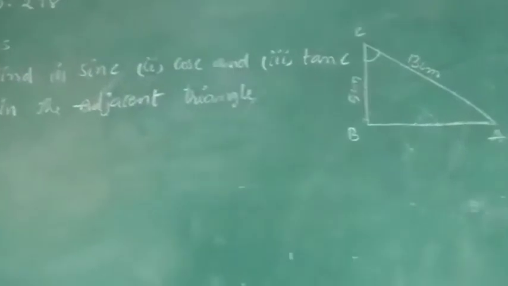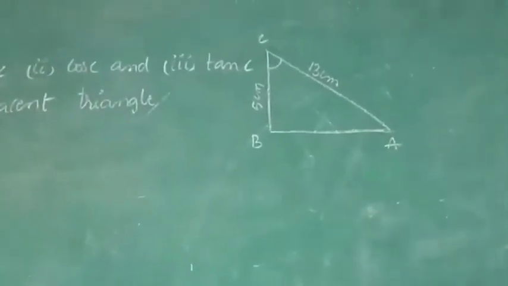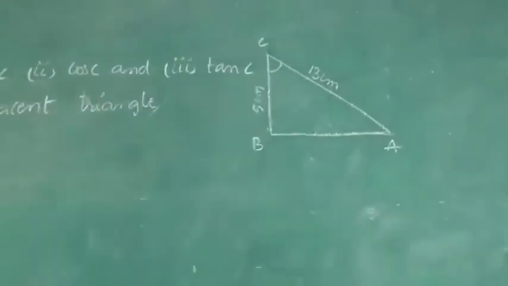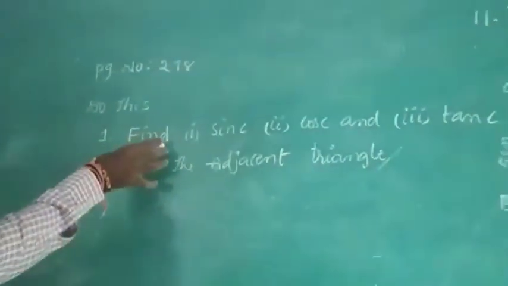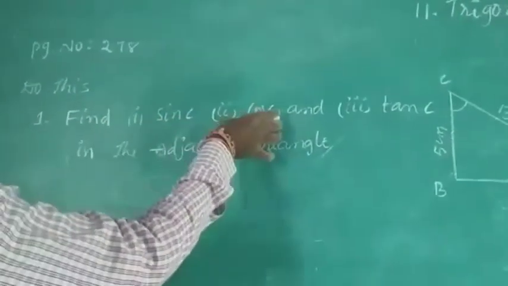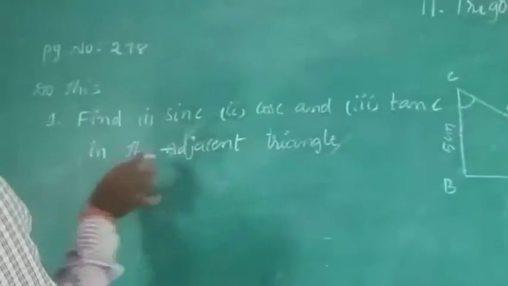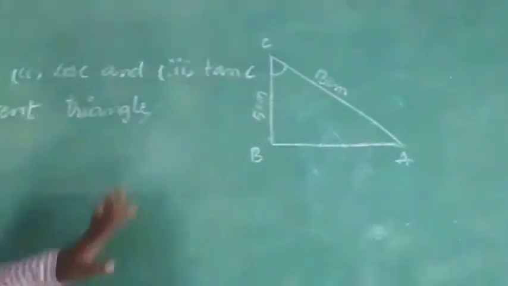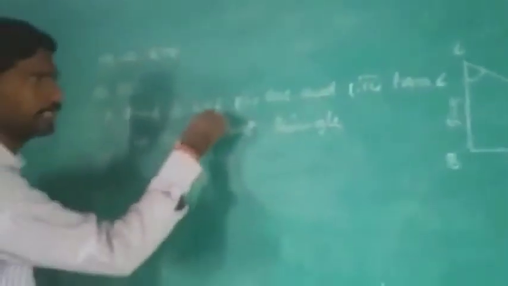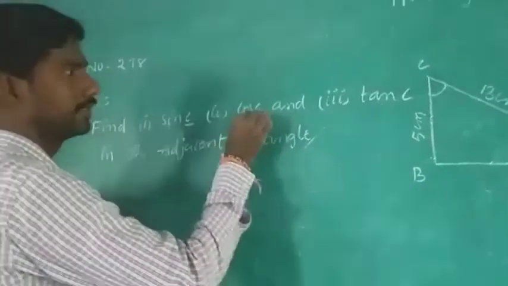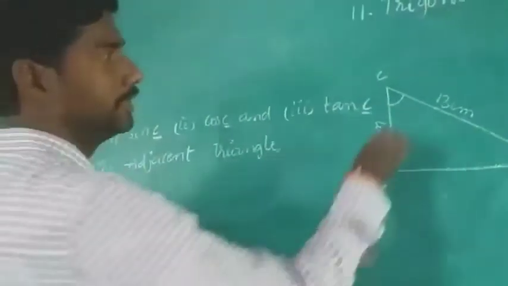We need to find out the remaining side. See, observe the question clearly. Find sin C, cos C, tan C in the adjacent figure. It's a right angle triangle, right? Have you observed in the question clearly? It was mentioned clearly, C. Then this is the angle.